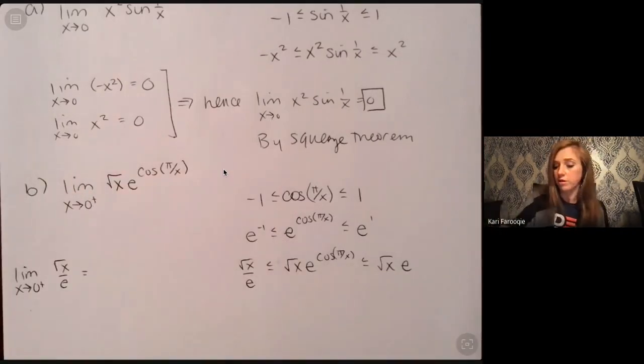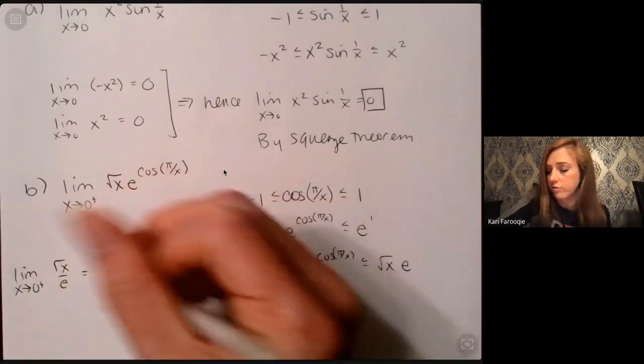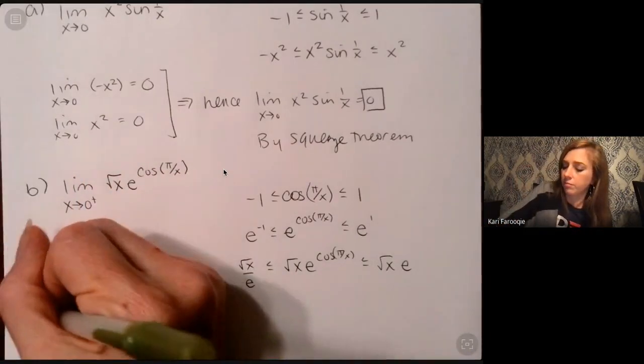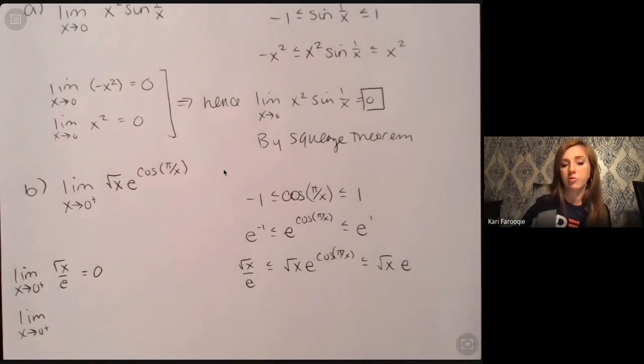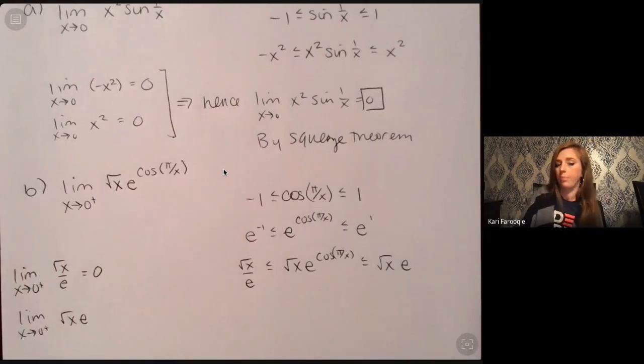Well, for this limit, if I let x approach 0 from the right, 0 divided by a constant, remember e is a constant, is 0. Work on the right-hand boundary. The limit as x approaches 0 from the right of the square root of x times e.